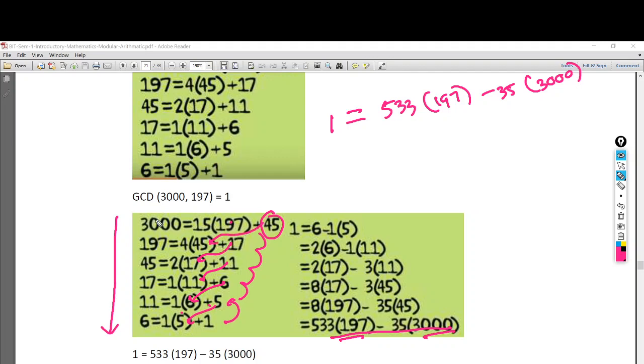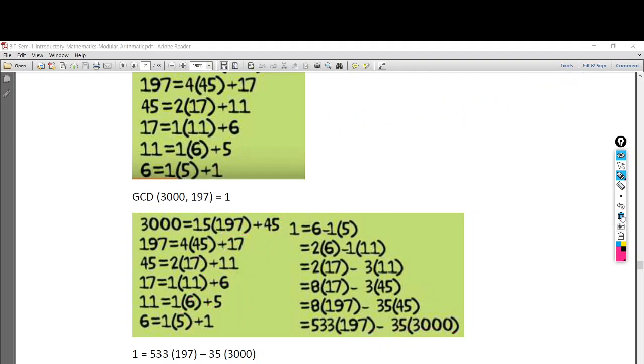So ultimately you get only 3000 and 197. So now your 1 is 533 times 197 minus 35 times 3000. So that is what you got. That is the step you have to follow.